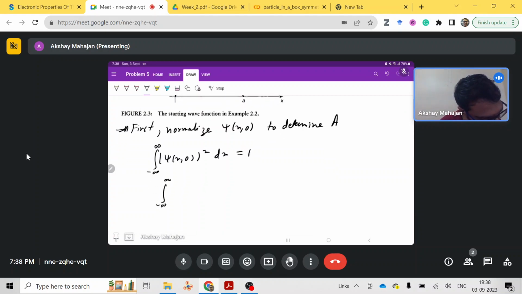We have the function defined only from 0 to a, so we have A squared times the integral of x squared times (a minus x) whole squared dx equals 1.